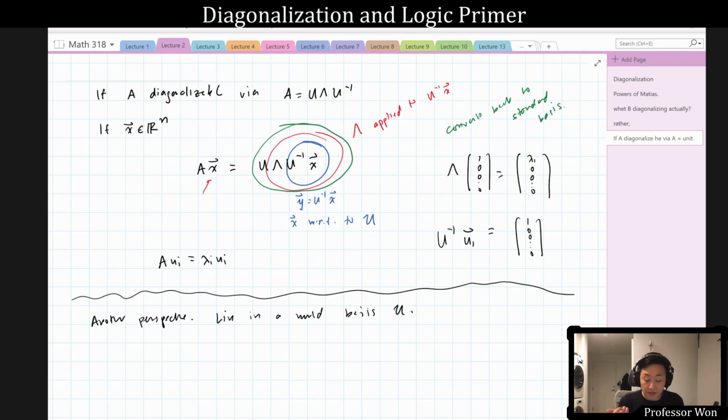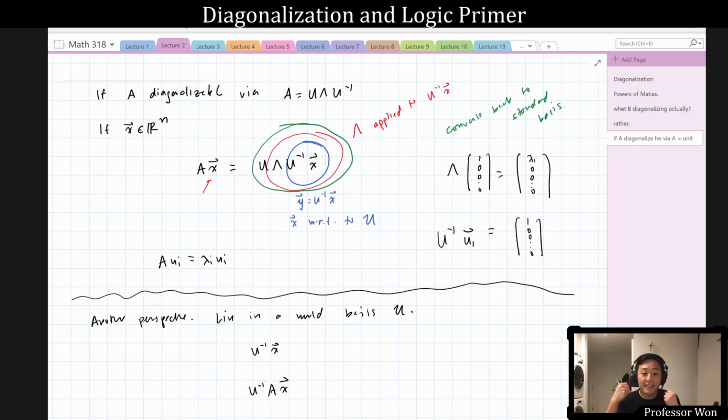Then if I, who live in the world with the standard basis, give you a vector x, you would understand it as u inverse x. And if you want to know what A does to this vector, you would want to know u inverse of Ax.